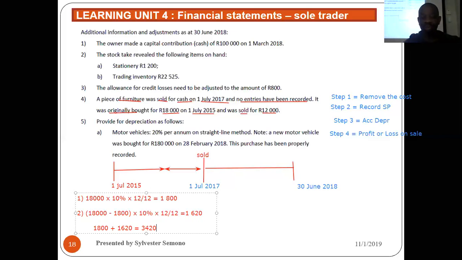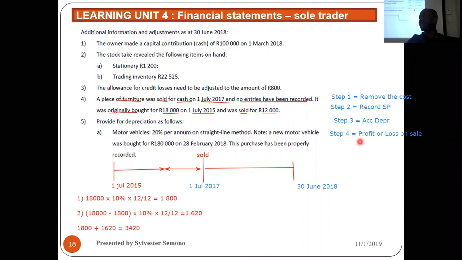Remember, we want the accumulated depreciation when we sold the asset. And we know that we sold the asset here. So this depreciation of 3,420 is from the beginning to here. Can you see now? Now I've got everything that I need. I can go and record. Does that make sense?